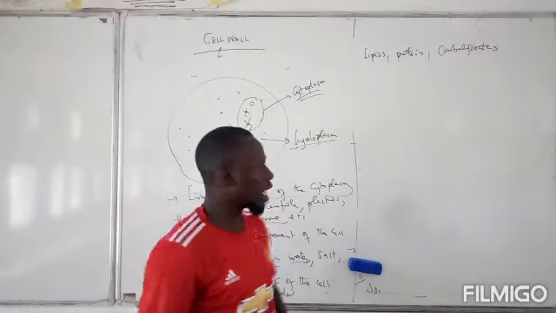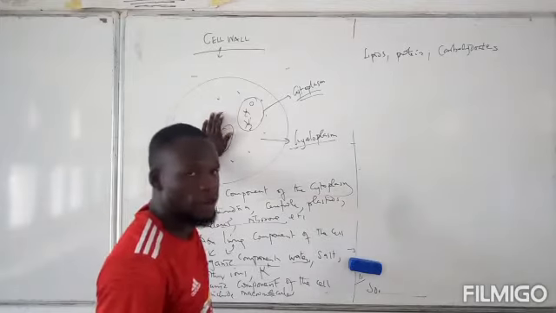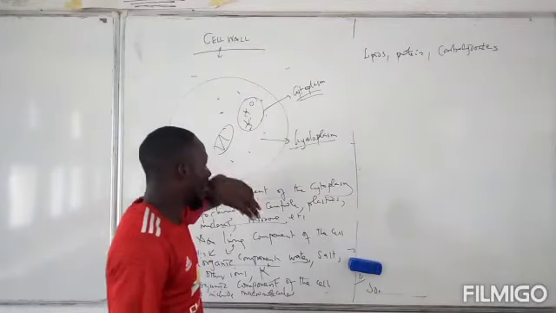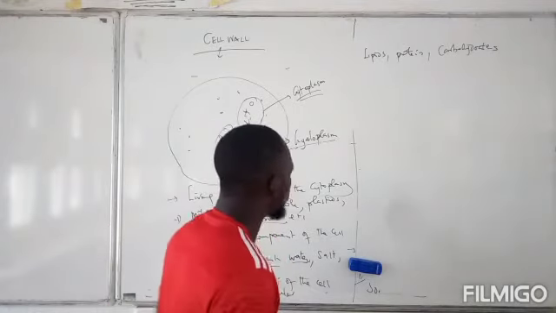Having understood that the cytoplasm is the one that houses all other organelles, we'll be moving on to the next organelle and see the function that it does in the body system. So we'll be talking about the nucleus.